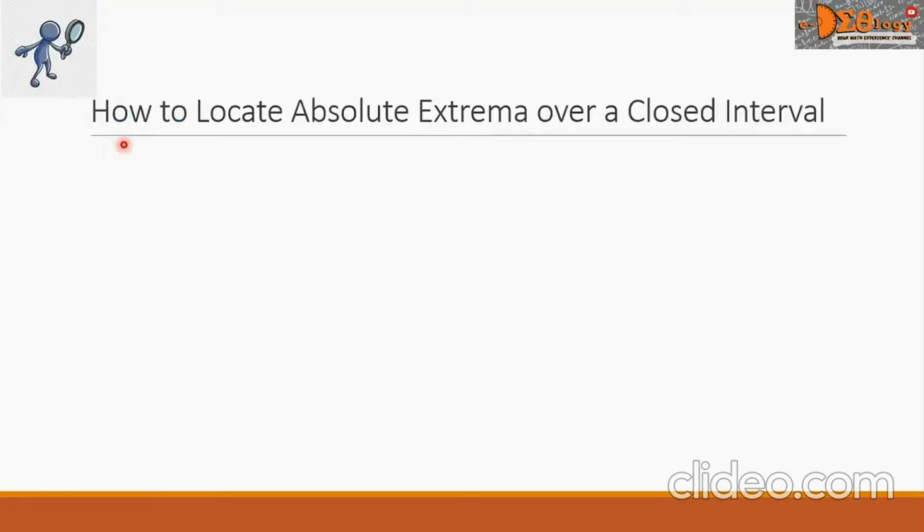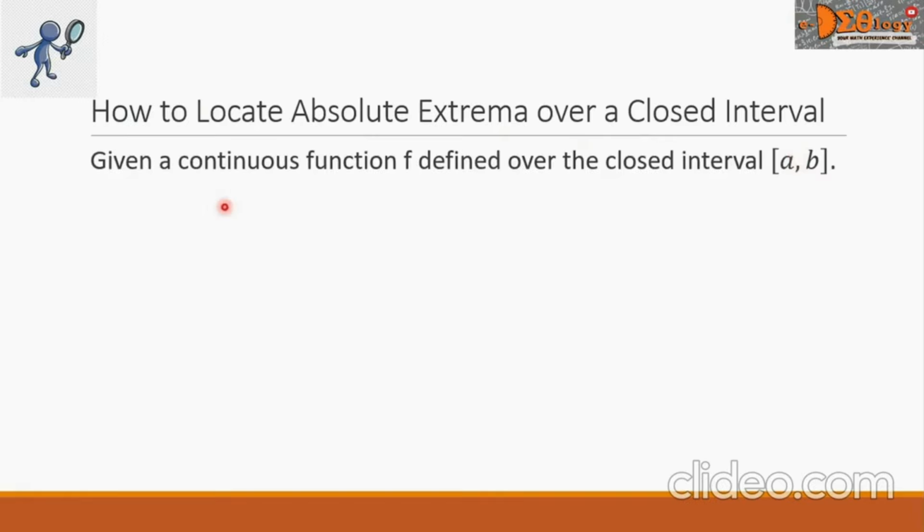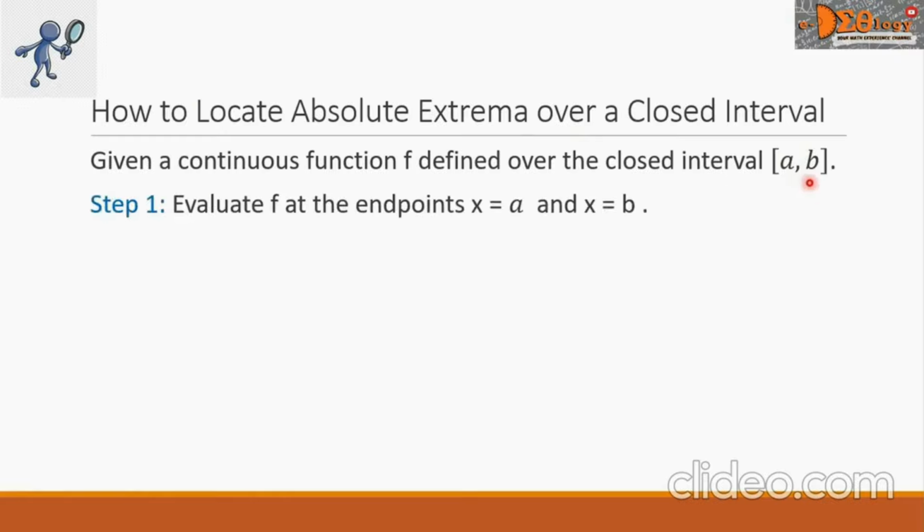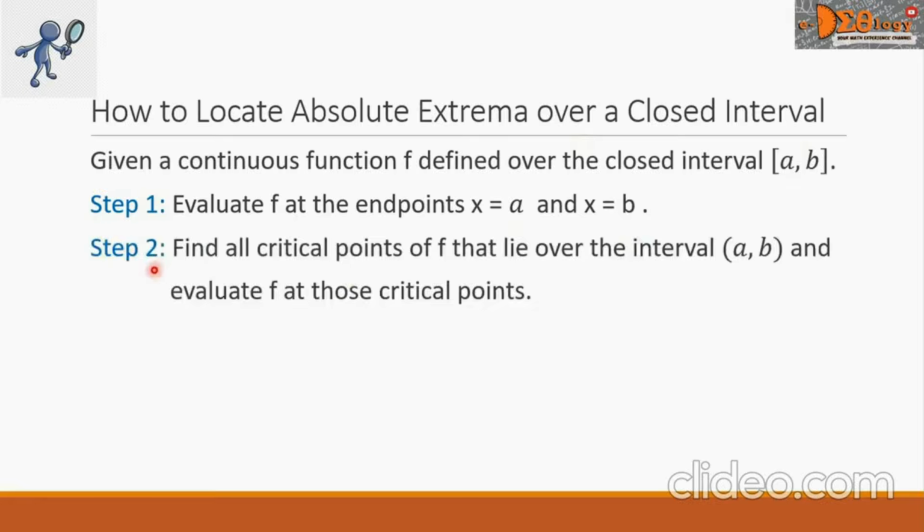Now, let us see how to locate absolute extrema over a closed interval. Given a continuous function f defined over the closed interval from a to b. Step 1. Evaluate the function f at the endpoints x equals a and x equals b. Step 2.